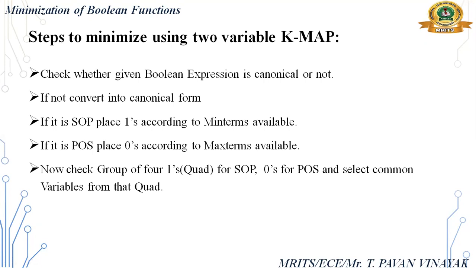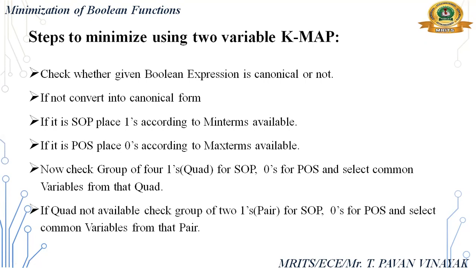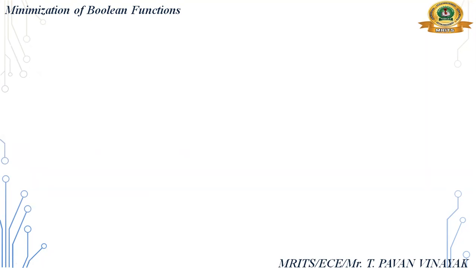If quad is not available, then check for 2 pairs. Means 2 ones for SOP, 2 zeros for POS. Okay, if two ones also not available, then write single ones directly. And means you have to write that minterm directly.